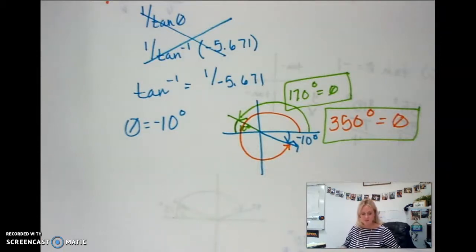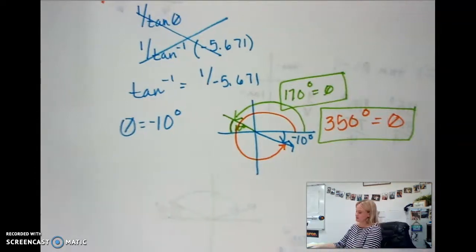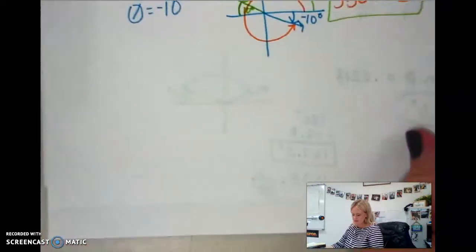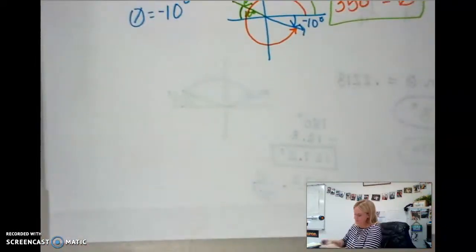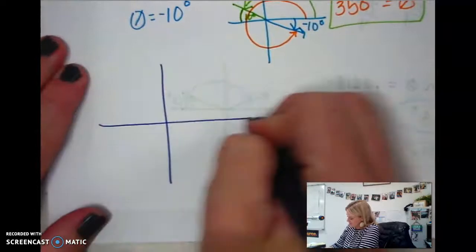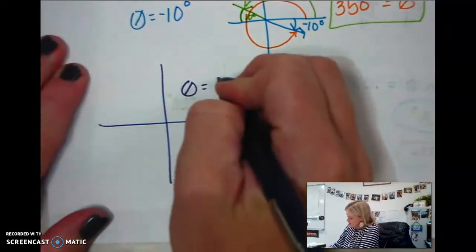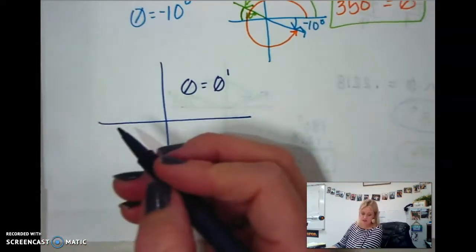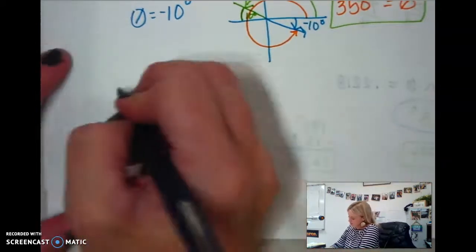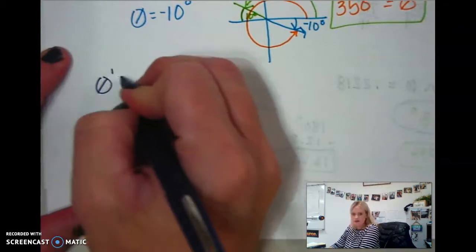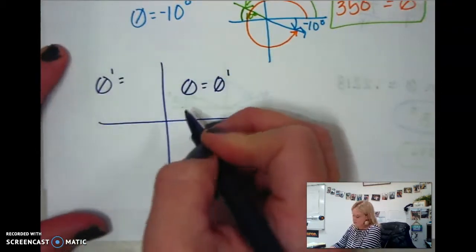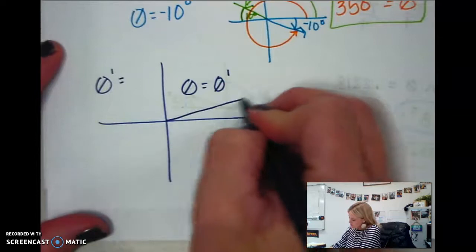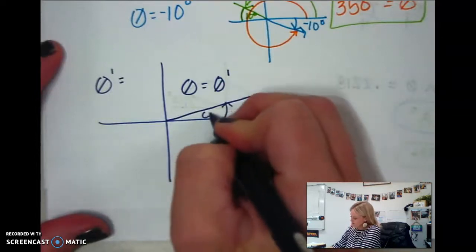Now, if you want something just to kind of help you, like how is this actually working or how is it not working, think about coming up with your angles. If theta is in quadrant 1, theta prime is going to be the same. 30 degrees is the same as 30 degrees, right? Now, if you're looking for theta prime or your inverse angle in quadrant 2, so here's our reference angle right in here, okay? This is theta.